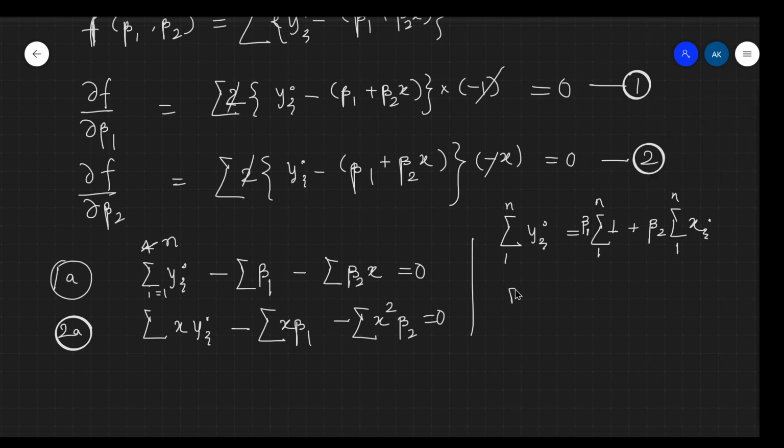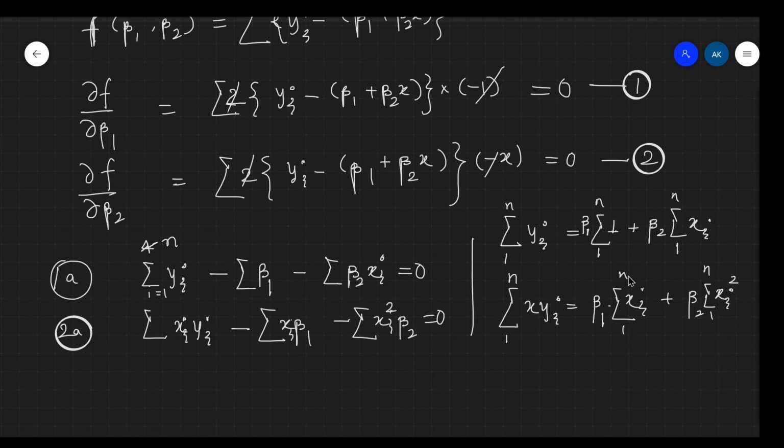and our other equation is becoming summation 1 to n of x yi is equal to, again, beta 1 is common, summation xi, here I have missed the i, x here also xi, plus beta 2 summation xi square 1 to n.